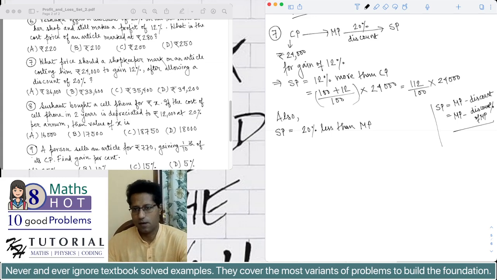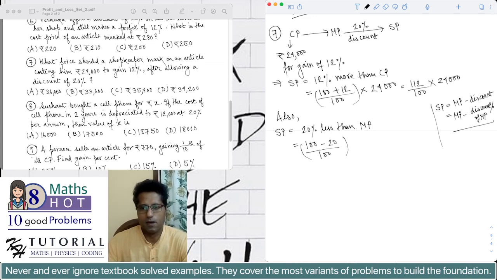That is the reason I am saying the selling price is 20% less than mark price, which means 100 minus 20 divided by 100 multiplied by mark price. This concept must be very clear to you, and also any percentage more than something.